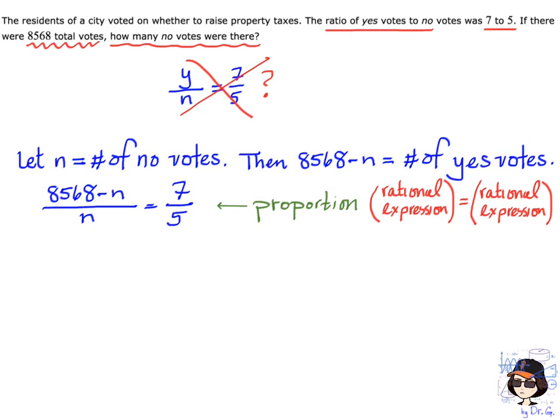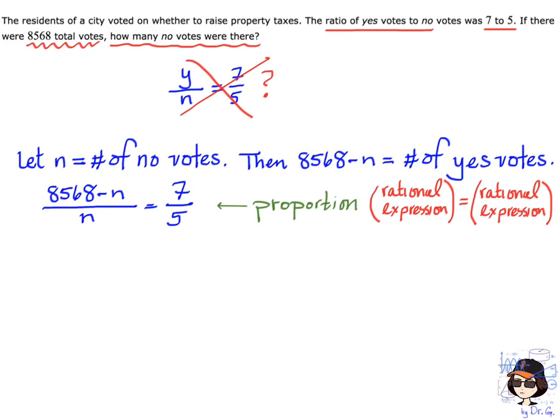Now, you'll see in other rational equations that multiplying both sides by the LCD is the way to go, but you cannot use cross multiplication in other types of rational equations. The only type of rational equation where you can use cross multiplication is when you have a proportion. That's a single fraction equals a single fraction.